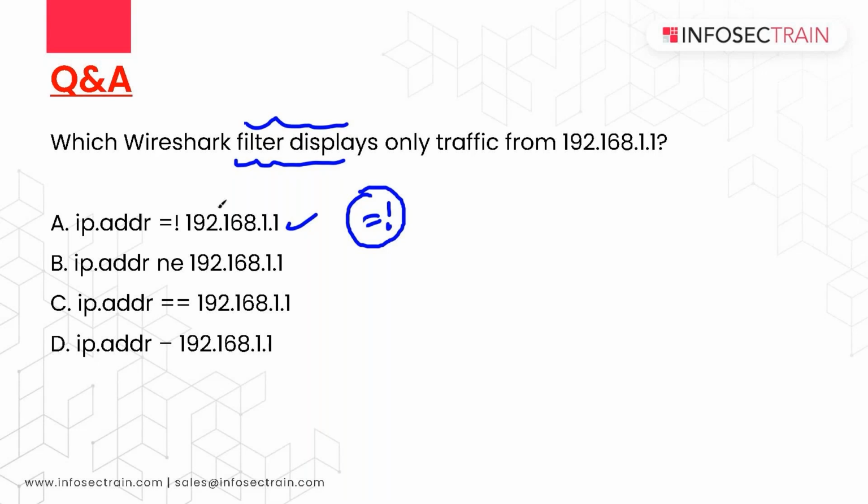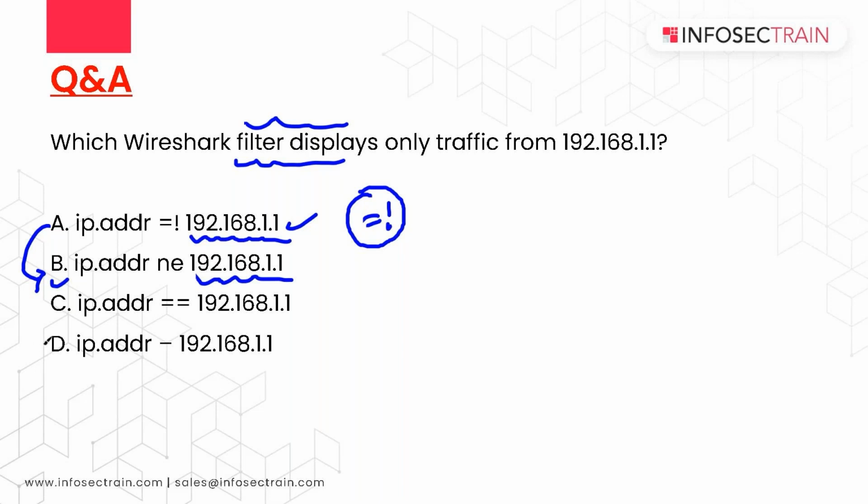So this option A is going to show us all the traffic except from this particular IP address, right? Then we are having the option B, which is the same thing as option A, so it will also be showing all the traffic except this IP address.